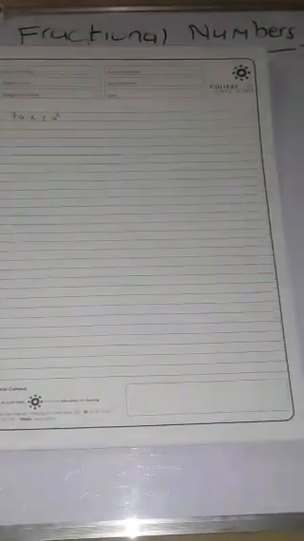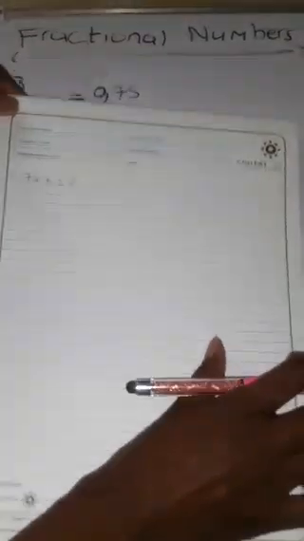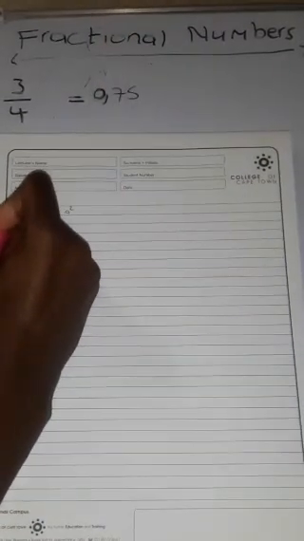Hope you can see it. 7a multiplication 2a to the power of 2. All right. So the next step will be simplify it, starting by writing the equal sign.